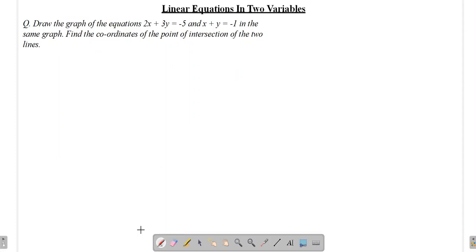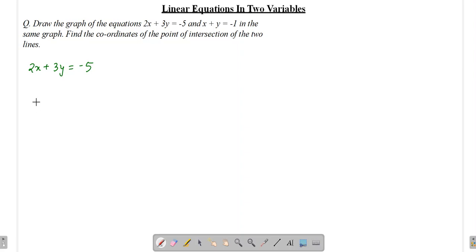So the question says you need to plot these two graphs on the same graph sheet, and then we need to find out their point of intersection. So what we will do, we will start with the first equation and plot its graph first.